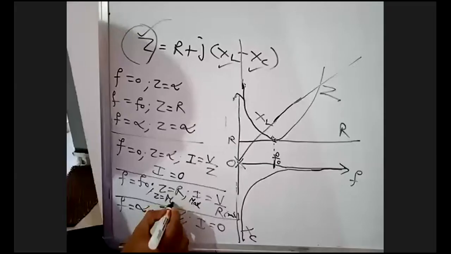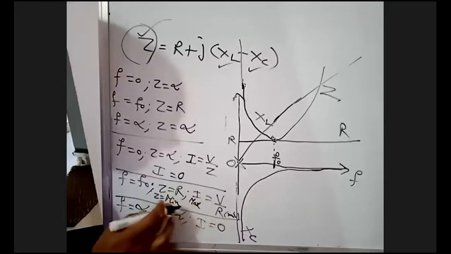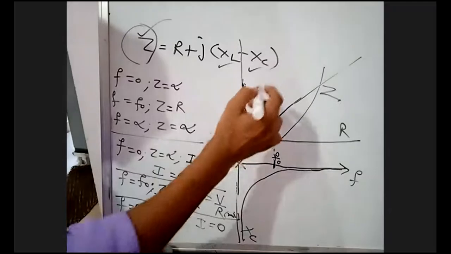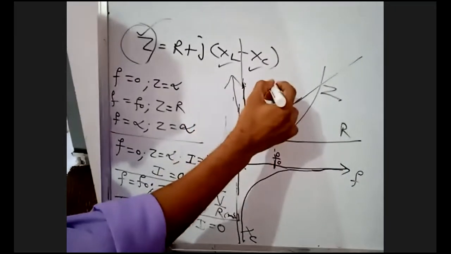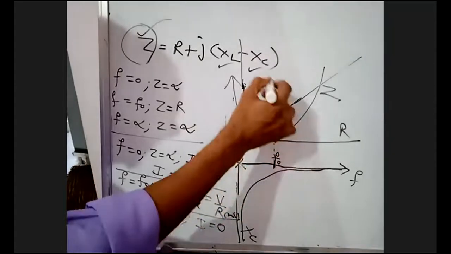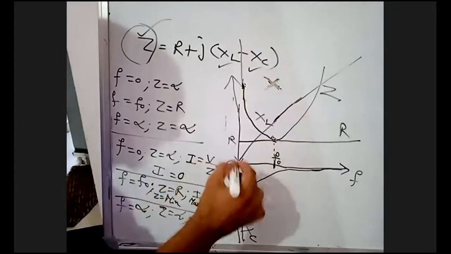Maximum. Impedance is minimum, current will be maximum. At f is equal to f naught, I will take the maximum current.